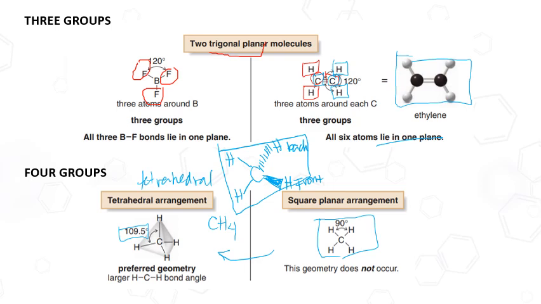Because this solid wedge indicates facing front, and the broken wedge is protruding at the back. So that's how you write a 3D representation of a tetrahedral structure.